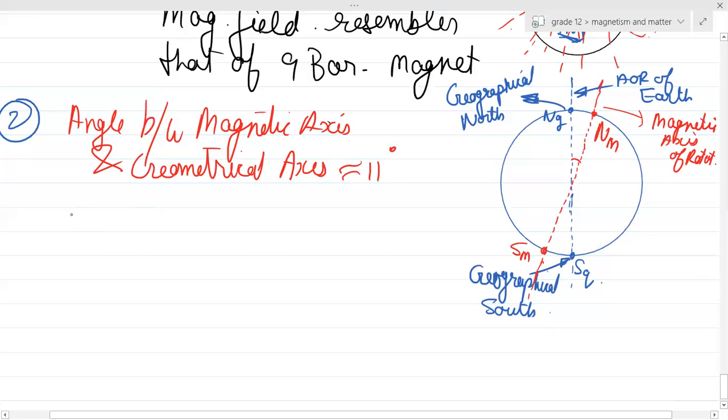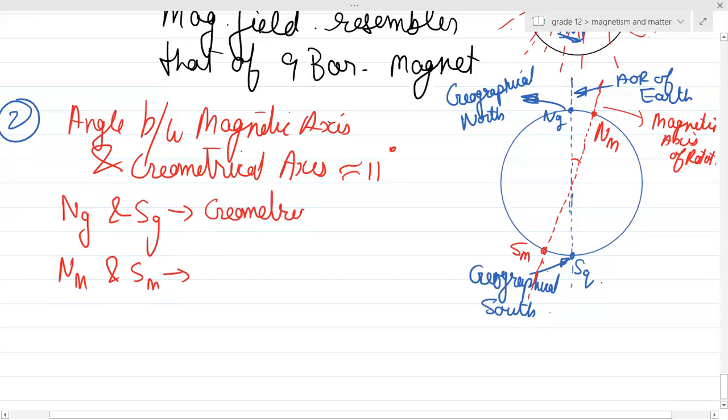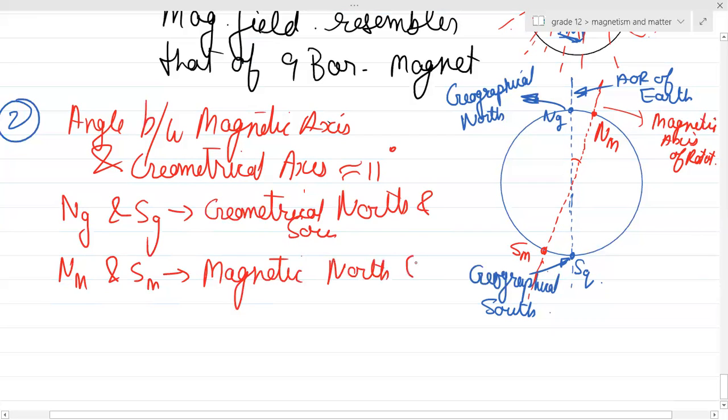Why NM and SM? What is NG and SG? Geometrical north and south, and this is your magnetic north and south. Yes or no?